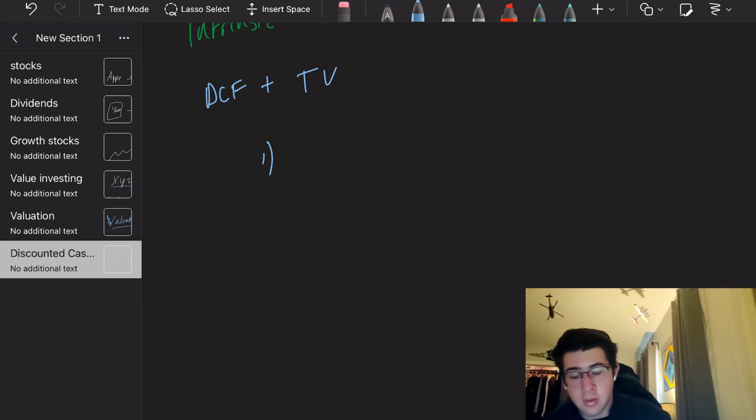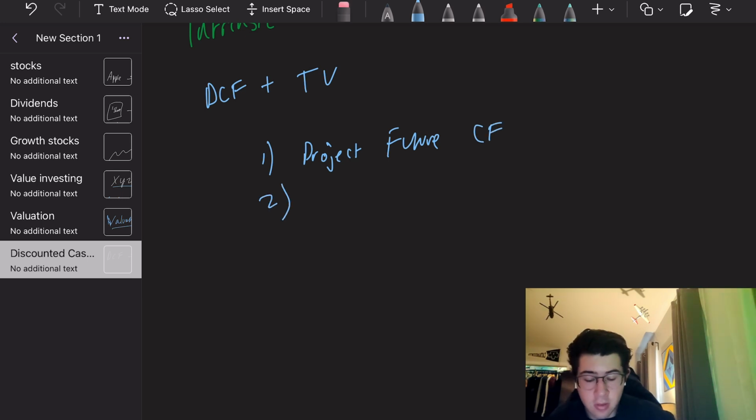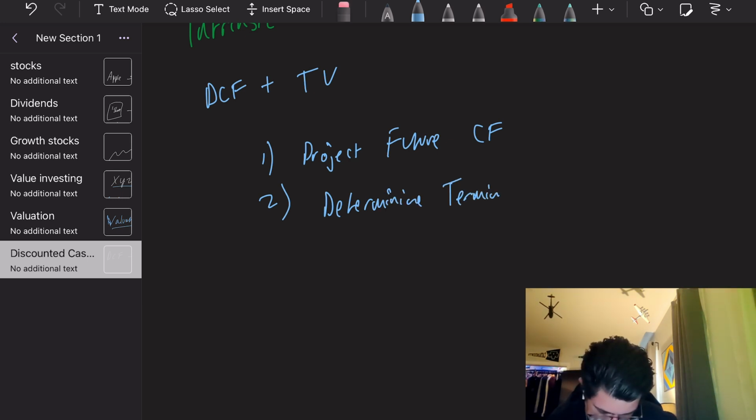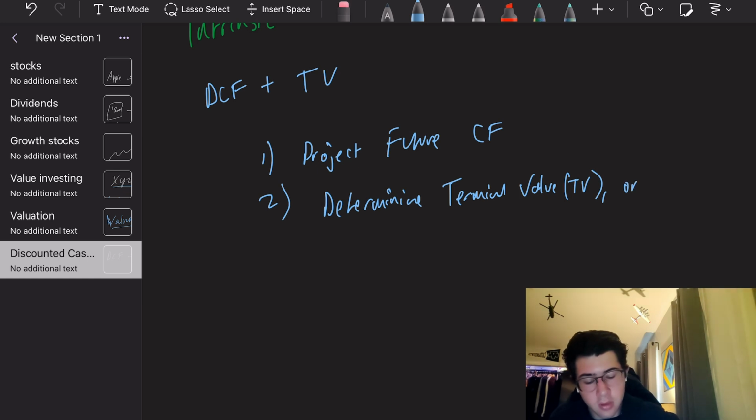So the first thing you got to do is project future cash flows. After that, you got to determine the terminal value. Or, in other words, the value of an asset beyond the forecasted period when the cash flows can be estimated.